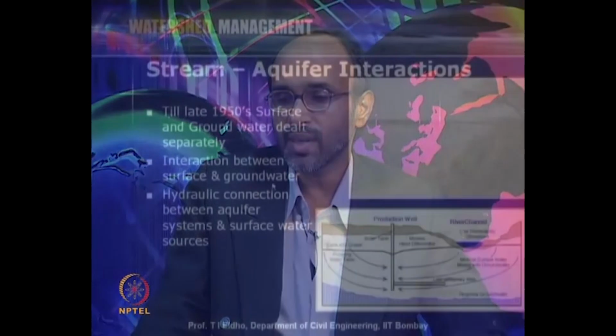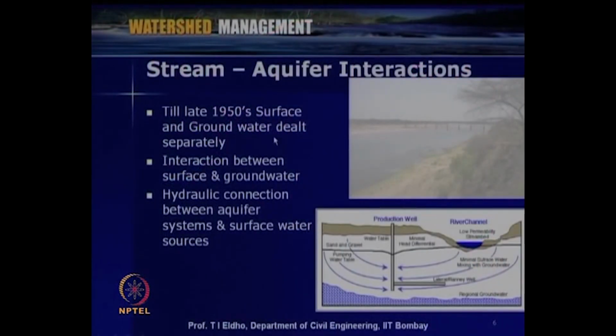Then a lot of research studies showed that there is constant interaction between surface water and groundwater. For example, if this is a river, then nearby aquifers will be recharged by the river, especially in the monsoon season, when a good quantity of water flows through the river.